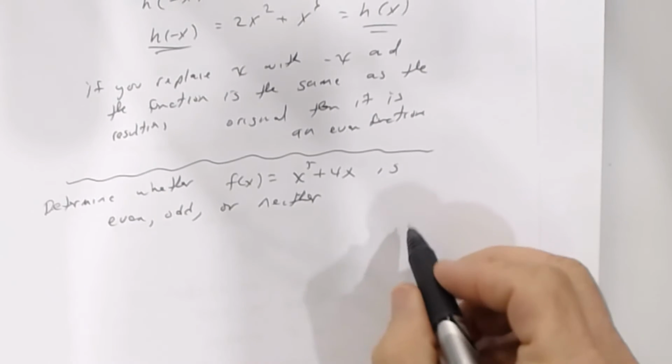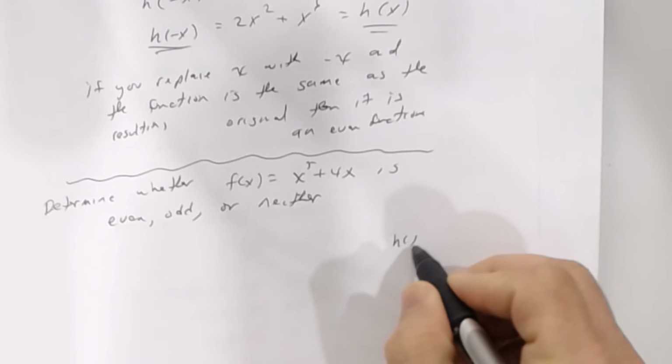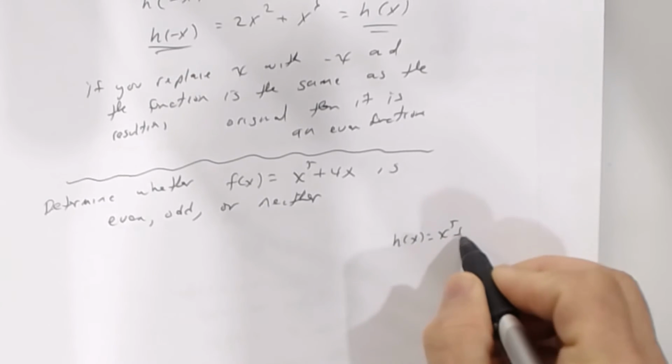If I had this, now listen carefully, and you remember what we talked about yesterday. If I had h of x equal x to the fifth plus 4x plus 2, would it still be odd? It would be neither. Because remember, I can write 2 as 2 times x to what power? 0.